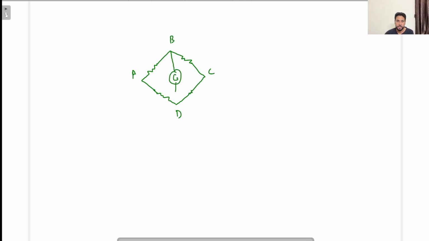A galvanometer can measure my current value. When fixed in this form, it is going to measure my current value, and of course a battery is connected. From A and C there is a connection of the battery, and the current flows.